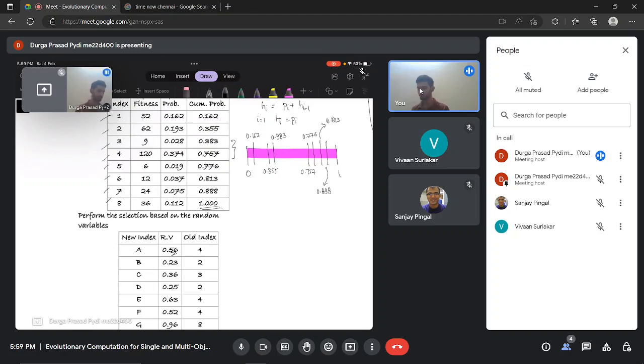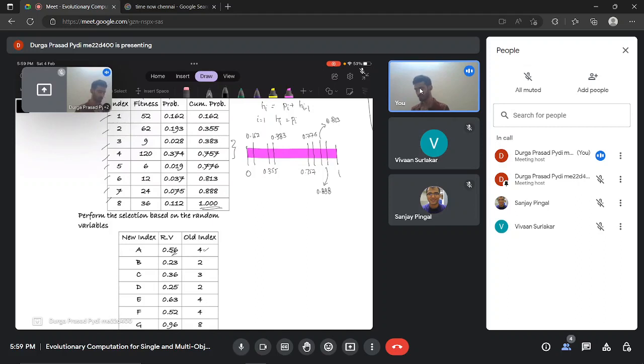My random variable is 0.56, which falls between 0.383 and 0.757. So it is after 3 and before 4. This is the area where 4 is likely to come, so we choose 4 as our option.